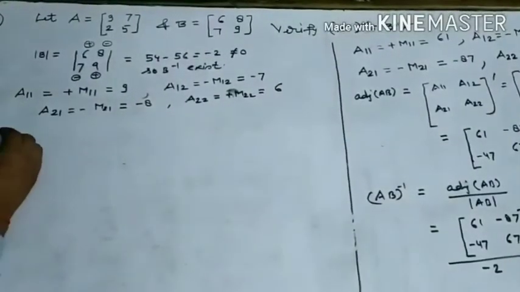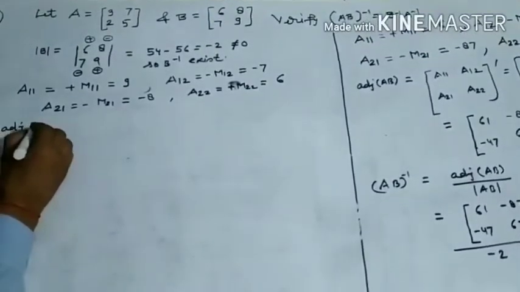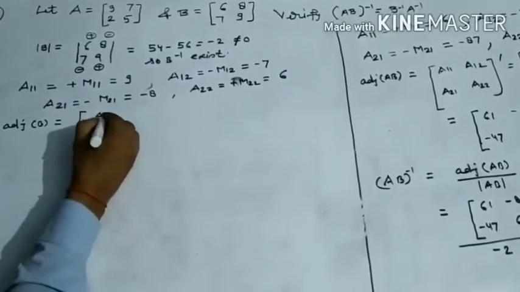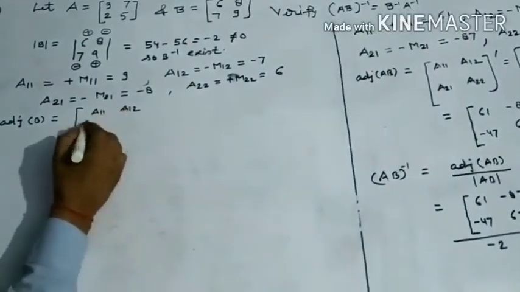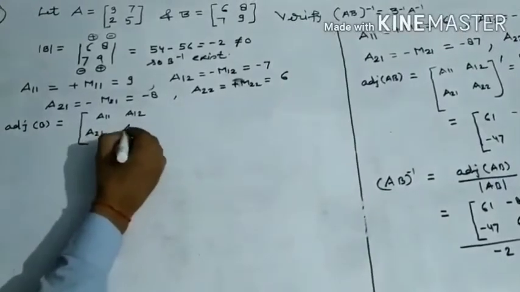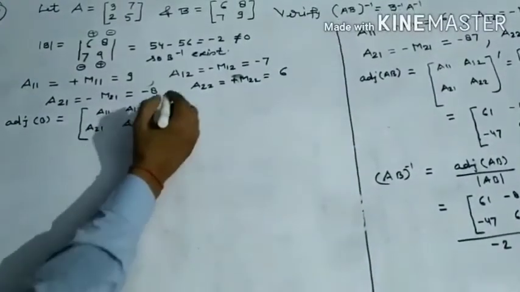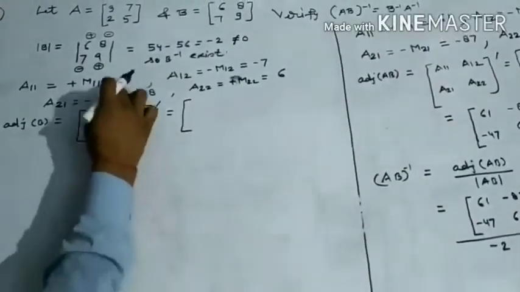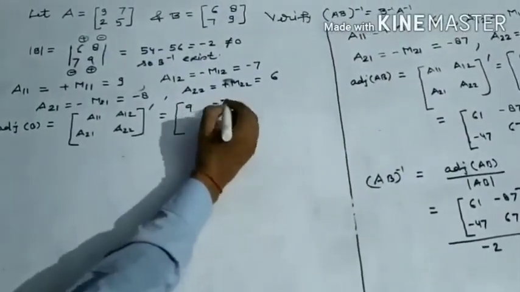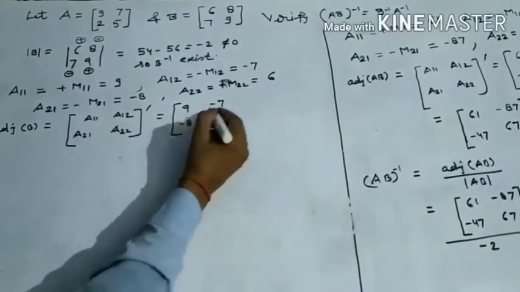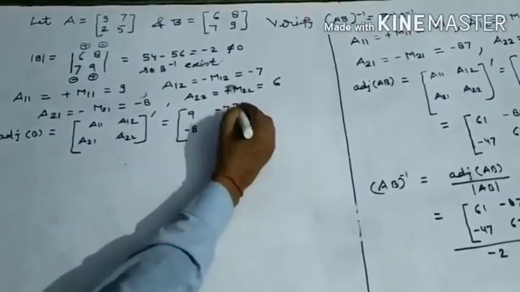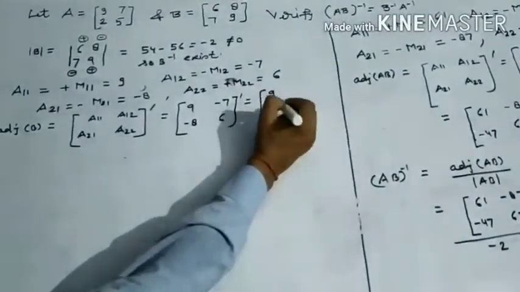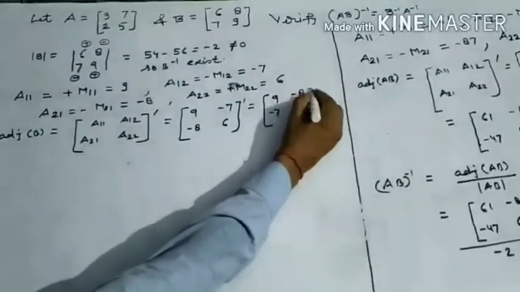Now the adjoint of matrix B is equal to A11, A12, A21, A22, and then the transpose. So this is equal to A11, which is 9, then minus 7, then minus 8, and then 6, and here is the transpose. Then the first row becomes the first column: 9, minus 7, and minus 8, and then 6.